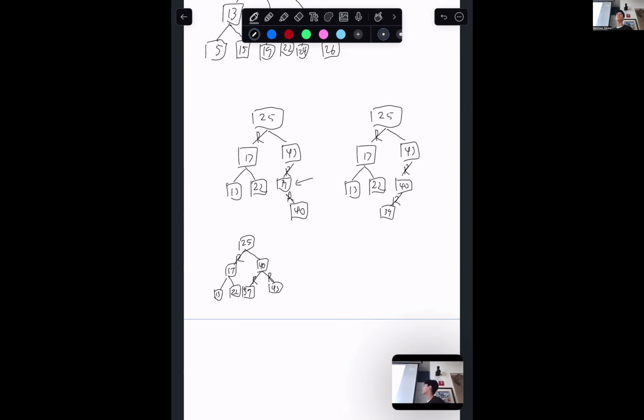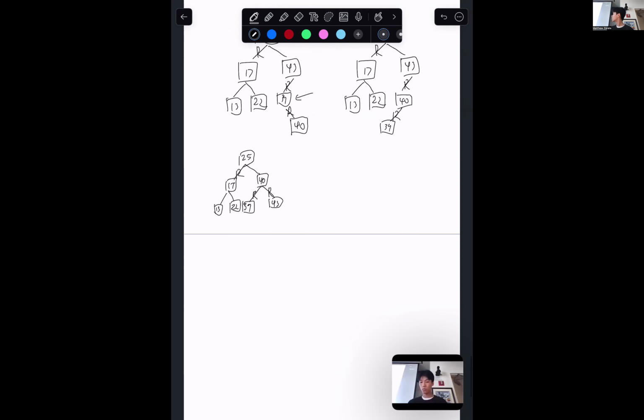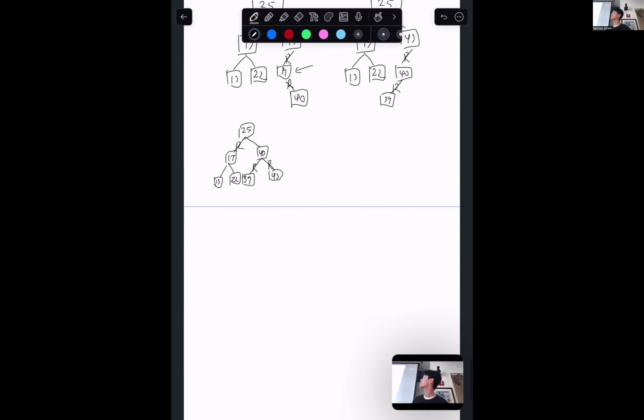Okay, now what? Does anyone have any ideas? Notice we have two red links here. Right, color flip on what? Yep, that's correct.